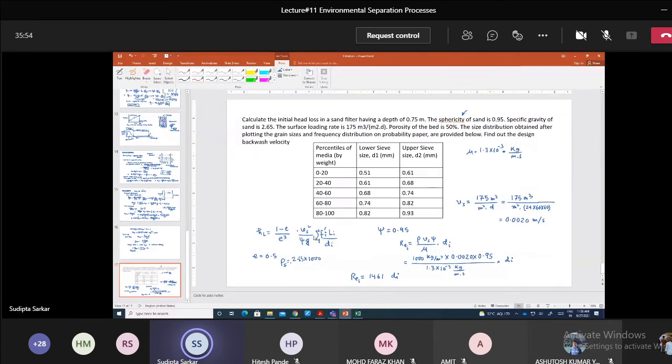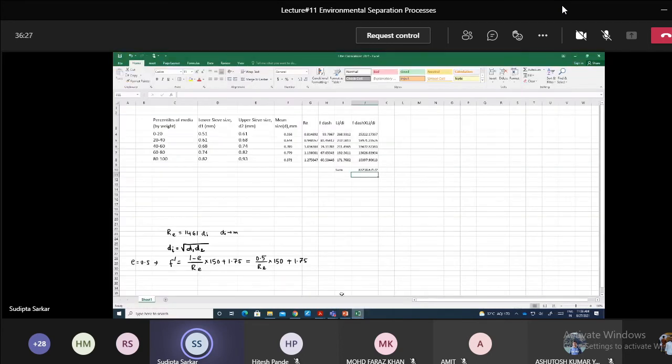Now we have to find out this, we have to multiply with this. So let us try to do that. We need to also check the calculations. So let me check these calculations. Okay, now let us do the calculation here.